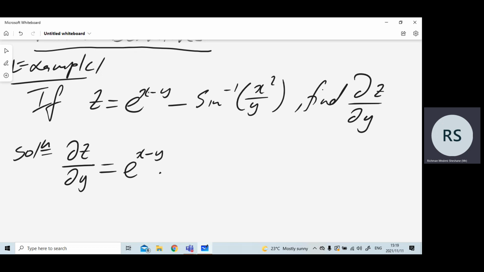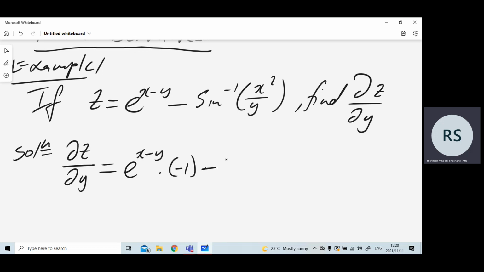That's why the derivative is 0 minus 1, because the derivative of y would be minus 1. So we multiply by the derivative of the inner function, which is minus 1. So the derivative of e to the function is e to the function times the derivative of the inner function, which is minus 1 if we derive the inner function with respect to y.